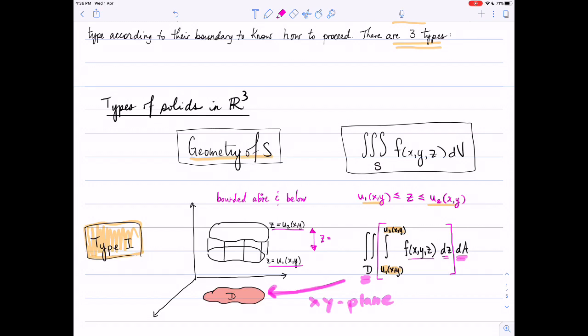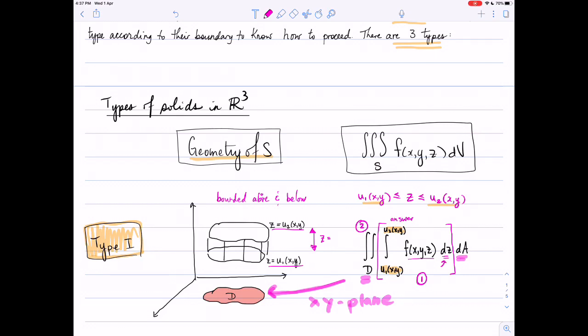So once we do step 1, the inner integral of the triple integral, then step 2 is just reverting to what we've done before. Once you've got that step 1 done, you'll have some answer here. The z is going to be gone, because you will have integrated it away.